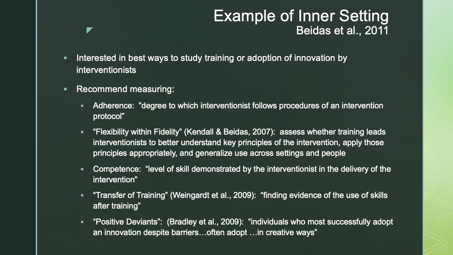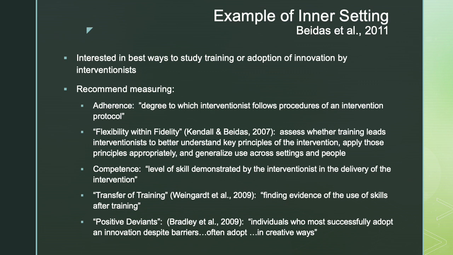So adherence has to do with whether the interventionist delivered the intervention in a way that was true to the protocol. Now, in some other studies, you will see that interventionist variable be described as fidelity to the intervention and doing it to the intervention's guidance. Either one of those terms could be used.